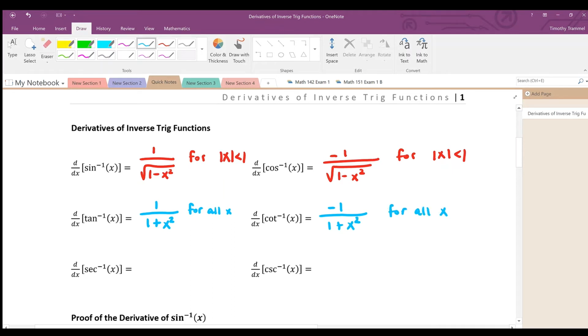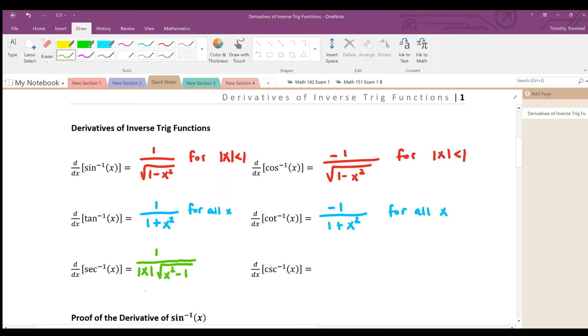In our last pair here, the derivative with respect to x of secant inverse of x is 1 over the absolute value of x times the square root of x squared minus 1.